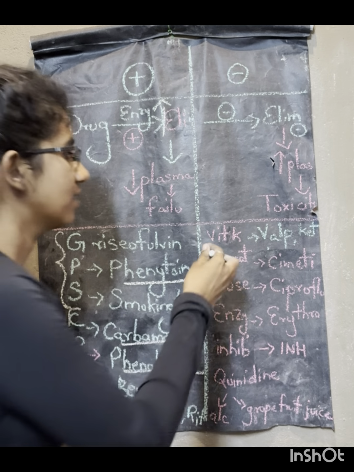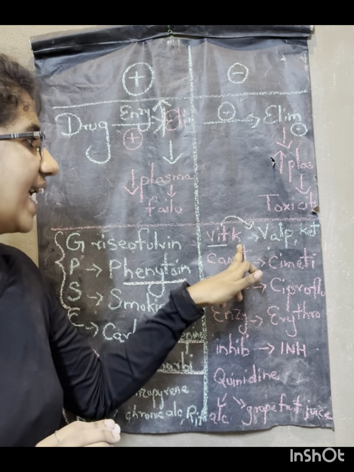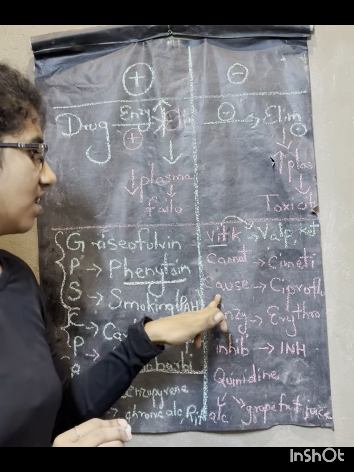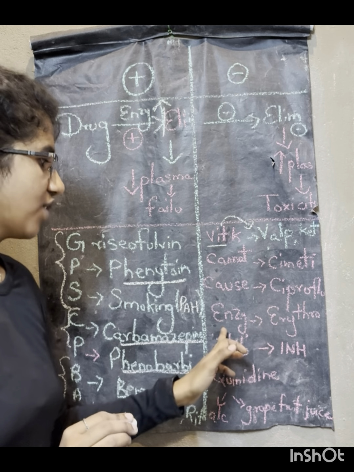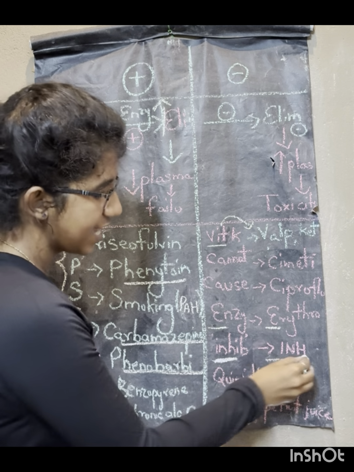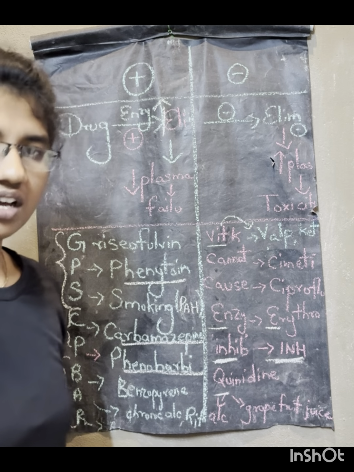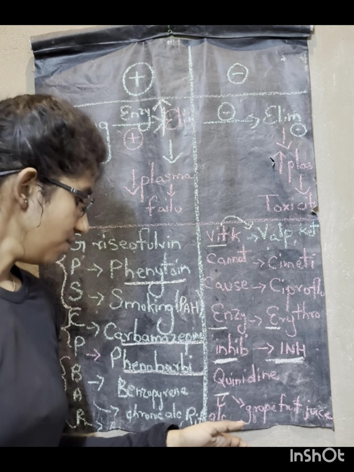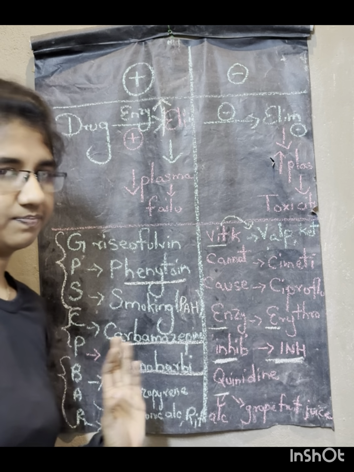So vitamin K you can remember valproate, K ketoconazole, C cimetidine, another C ciprofloxacin. Enzyme for E you can remember erythromycin. Inhibition you can remember isoniazid. And quinidine, and alcohol and grapefruit. So acute alcoholism and grapefruit juice.